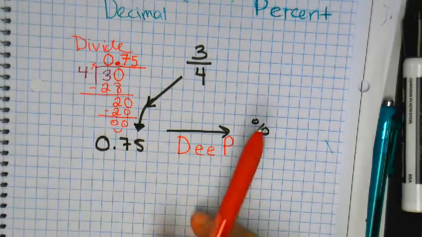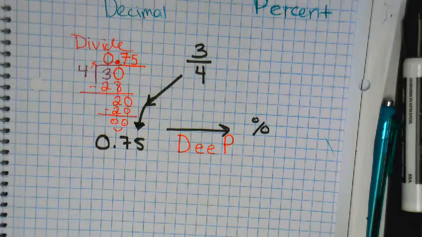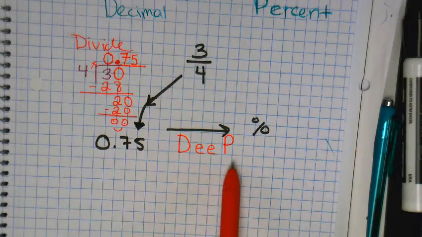But we're going to capitalize the D and the P. What do you guys think the D stands for? Decimal. What do you think the P stands for? Yes. So the word deep allows us to figure out which way I'm going to move the decimal, because we have to move the decimal, and how many times.